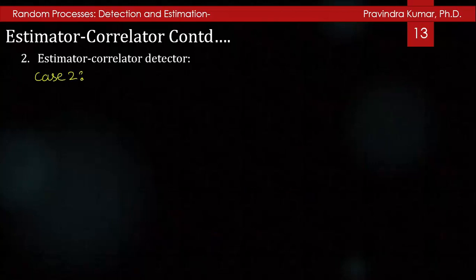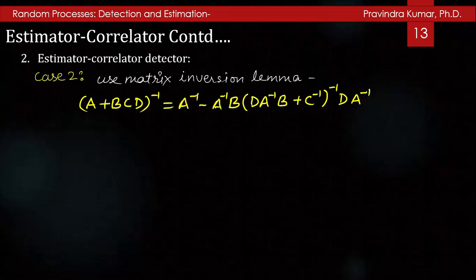Now using the matrix inversion lemma, that is, the inverse of the matrix A plus BCD is equal to A inverse minus A inverse B, times the inverse of the matrix (D A inverse B plus C inverse), into D A inverse.